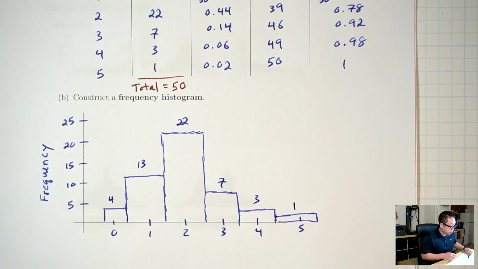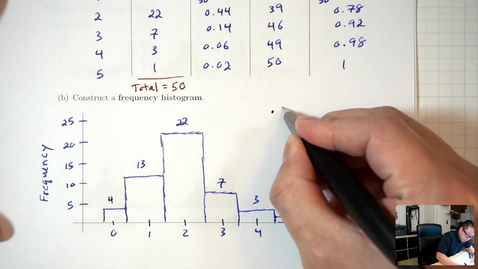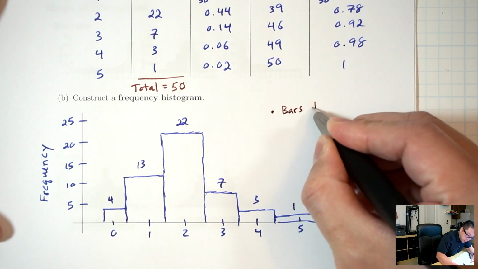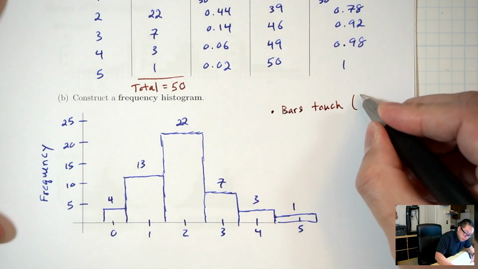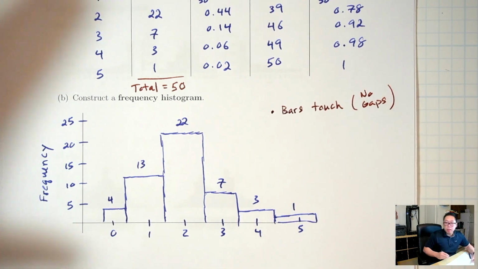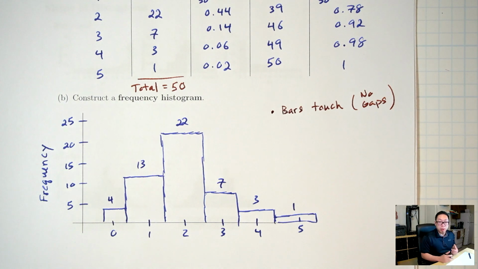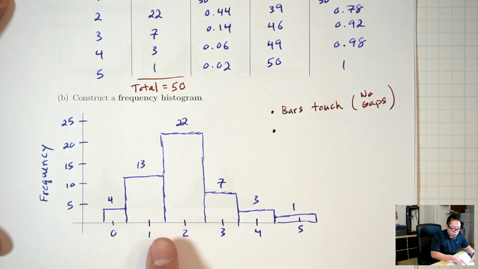So a couple things to note. Note that the bars touch. So there's no gaps between the bars. There's going to be another type of bar chart where there are gaps, which we'll talk about in another lecture. Also notice that the bars are centered above the numbers on the x-axis.